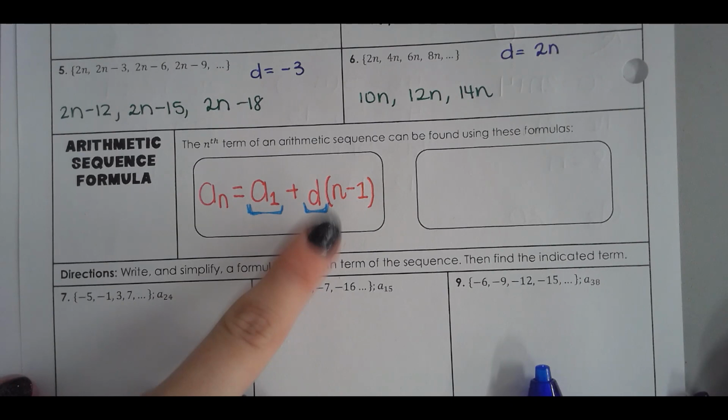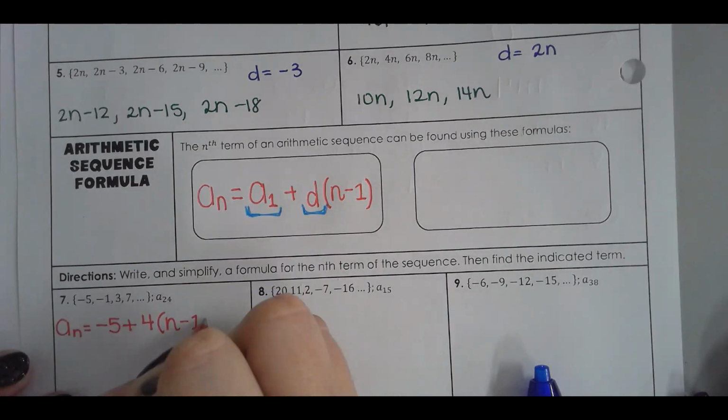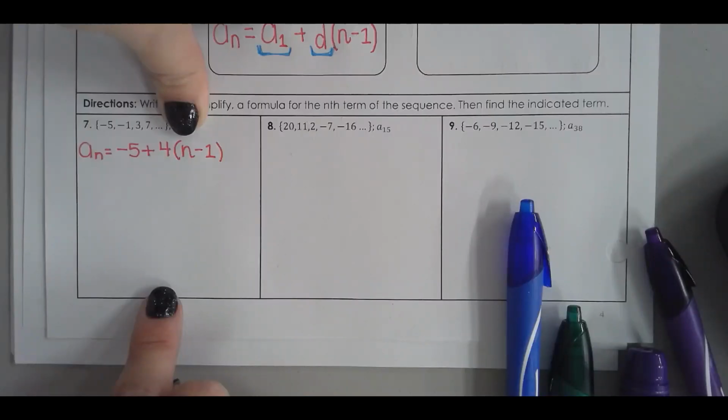So my formula, an equals -5 plus 4 times n minus 1. Because we're not finding the 24th term yet. All we're doing is that you distribute and combine like terms.